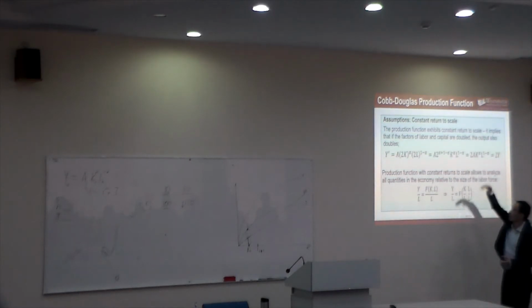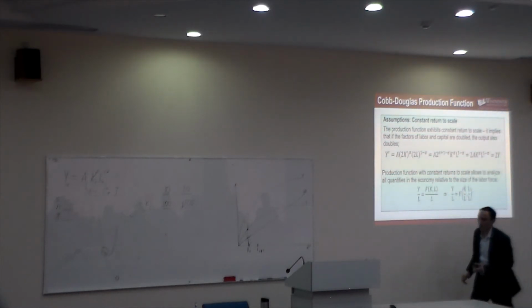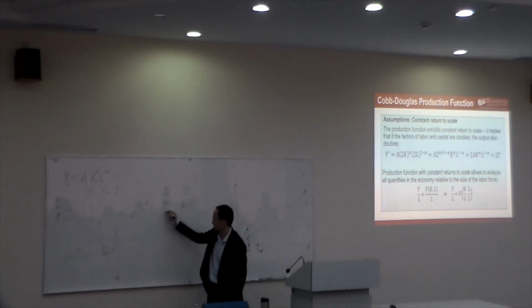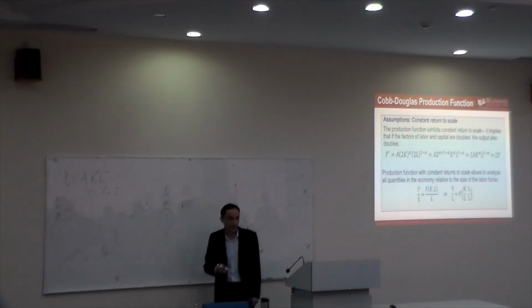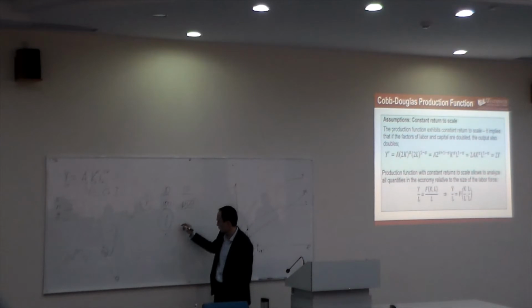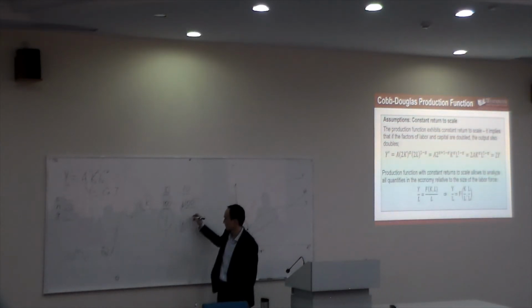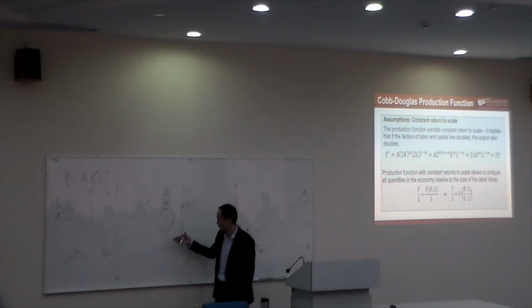So why is it important? For example, if output grows, this is something good, right? What is really interesting for people: output, or output per worker? Which one is more important for people? This one, right?